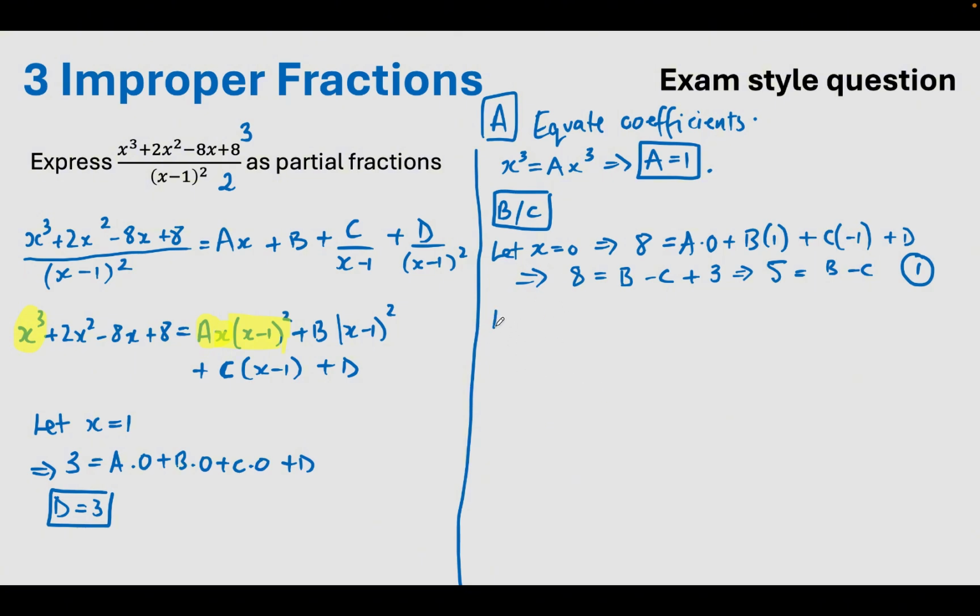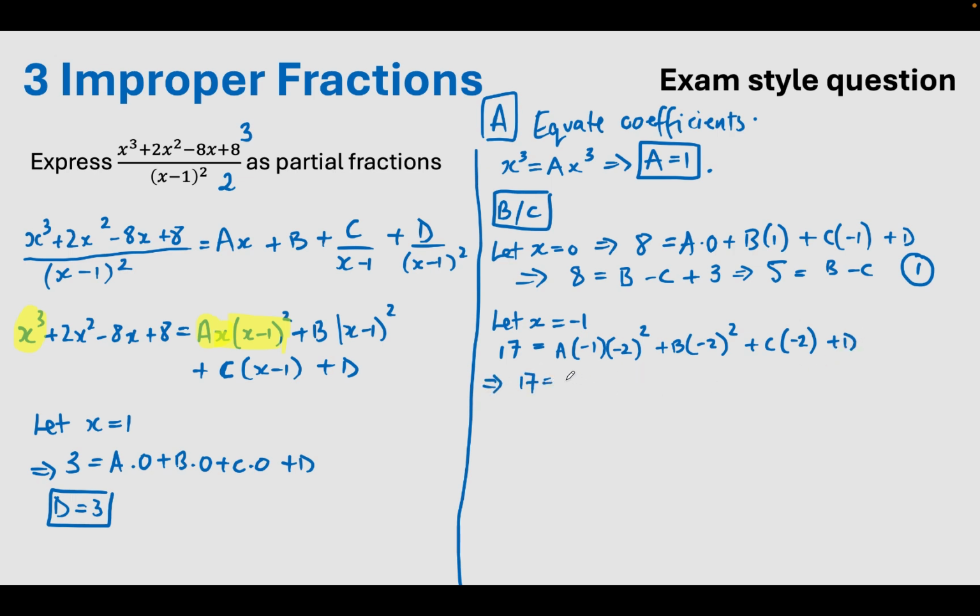If I've named it this, we're going to be looking for some simultaneous equations. Okay? Now, if I let x equal negative 1, I'm not unfortunately going to be able to eliminate anything, but I'll get another value. So I'll get minus 1, add 2, minus 8, minus 8, add 8. So I'll get 17. So I get 17 equals A times minus 1 times minus 2 squared plus B times minus 2 squared plus C times minus 2 plus D. Now, let's tidy this up.